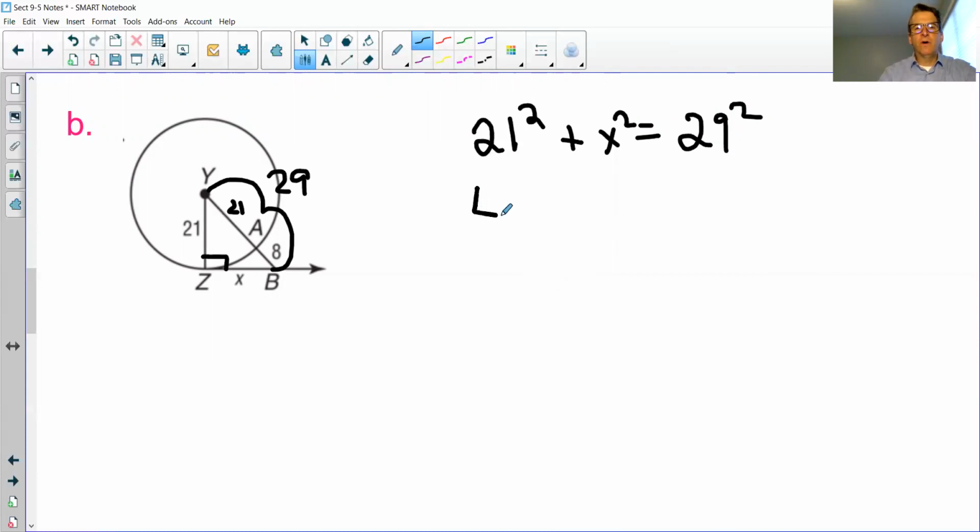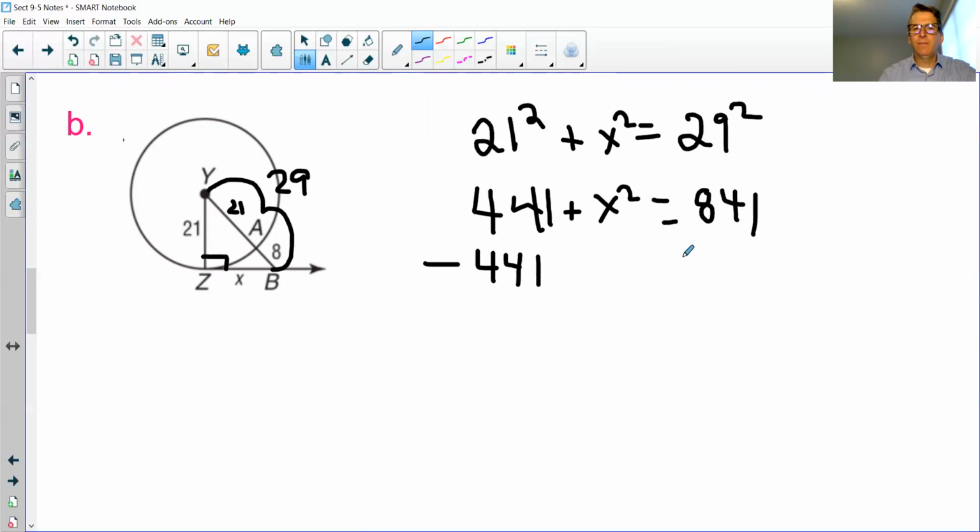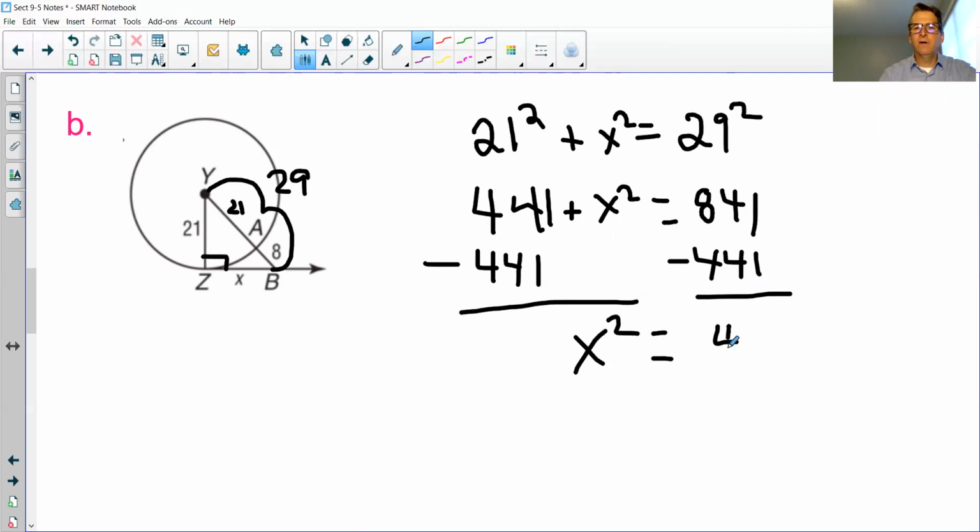21 squared is 441. 29 squared is 841. So if I subtract 441 from the left side and 441 from the right side, I'll have x squared is equal to 400.